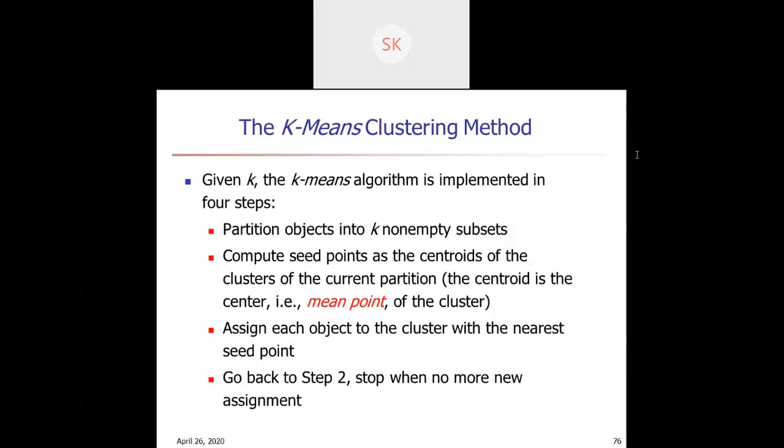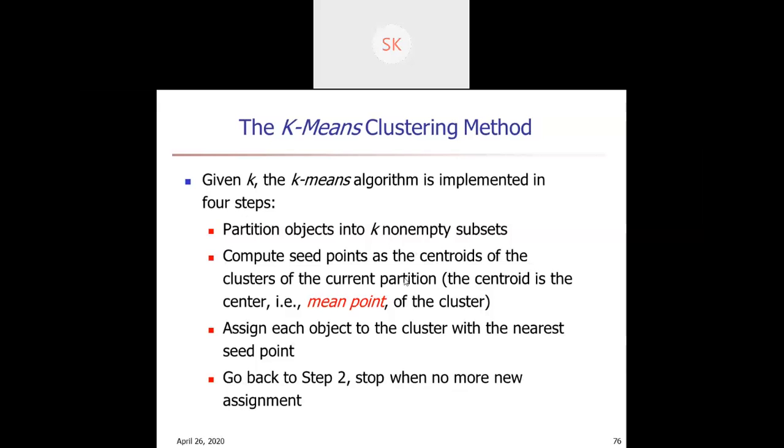Compute the seed point as the centroid of the cluster of the current partition. Centroid is the center, that is the main point of the cluster. Assign each object to the cluster with the nearest seed point. Go back to step 2 and stop when no new assignment is there. All objects are assigned to the clusters.